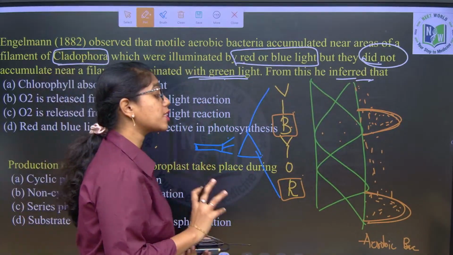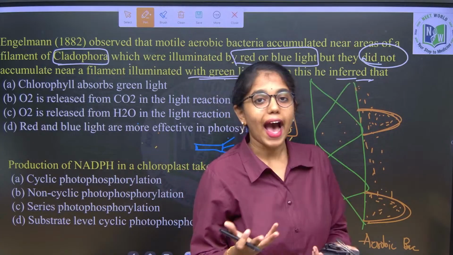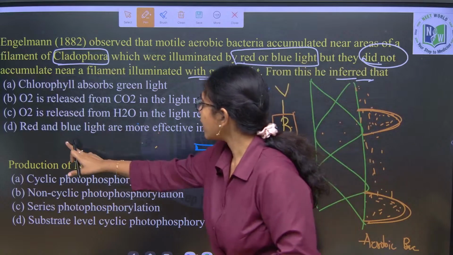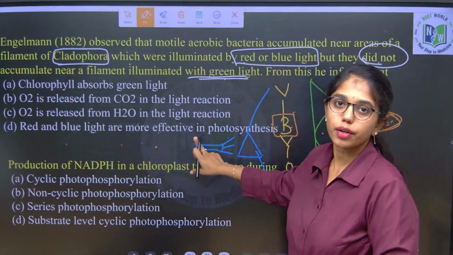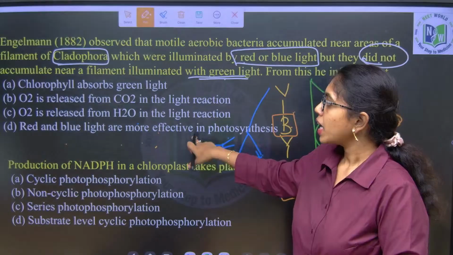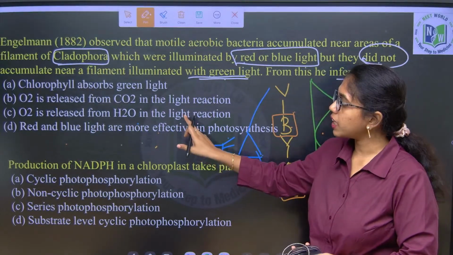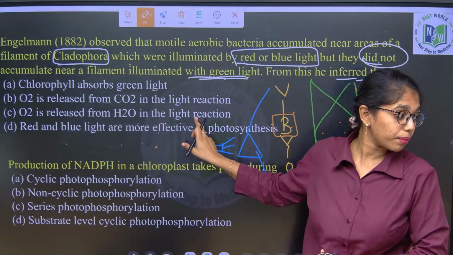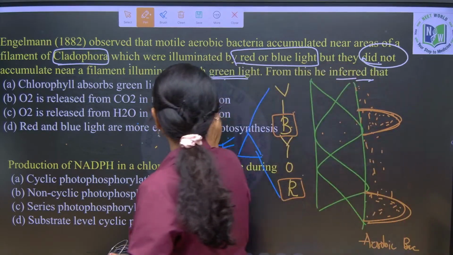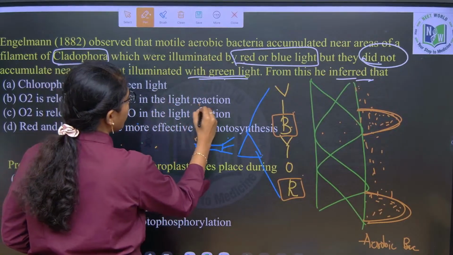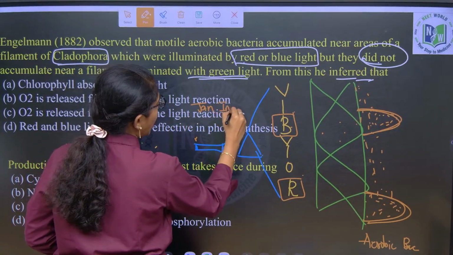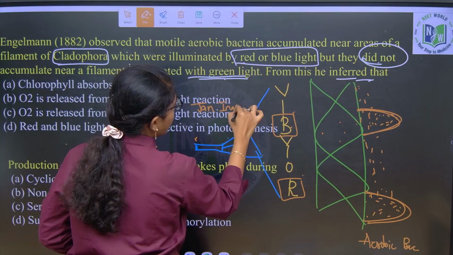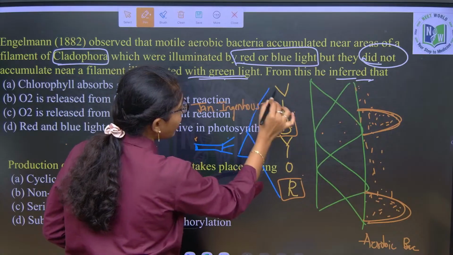With this experiment he gave both action spectra and absorption spectra, and he said that red and blue light are more effective in photosynthesis. And Subhashita, option C, oxygen is released from water in light reaction. This is said by Jan Ingenhousz, who conducted experiments on Hydrilla plant.